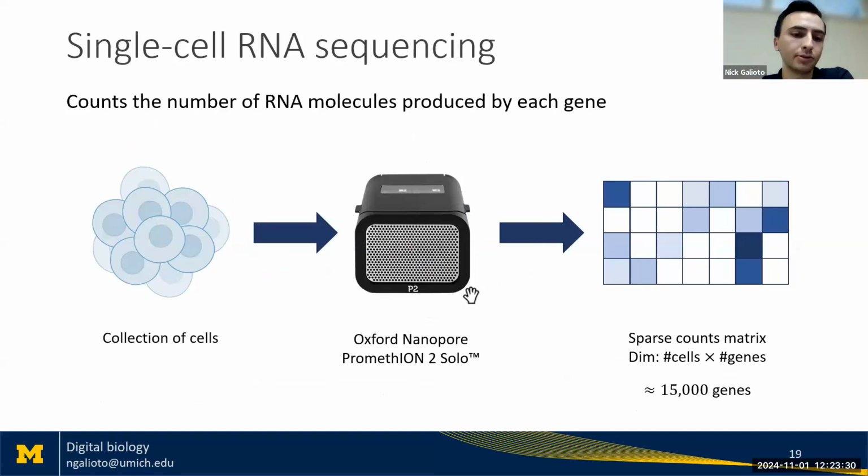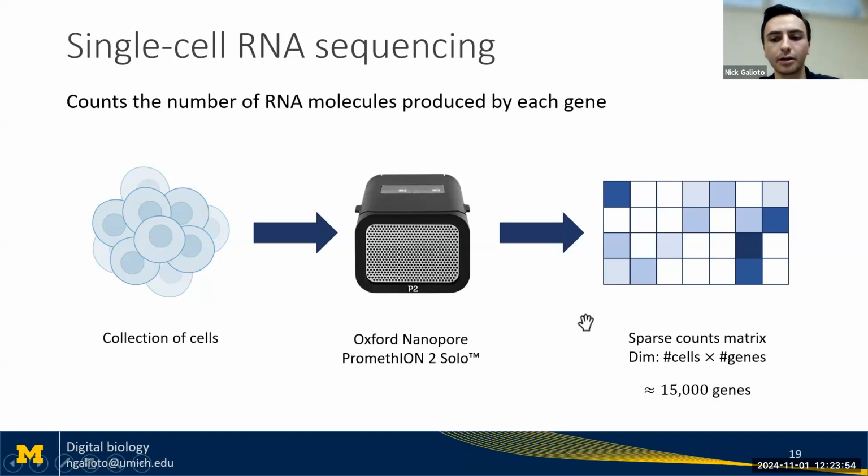So the way this works is you have a collection of cells that you put through this box. It's very small, around 6 inches in length. And what it does is it will lyse the cell, basically break the membrane and take all of the RNA molecules out of the cell, and then count each of the different types of RNA molecules.